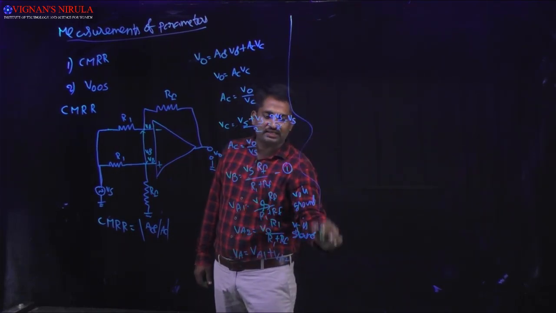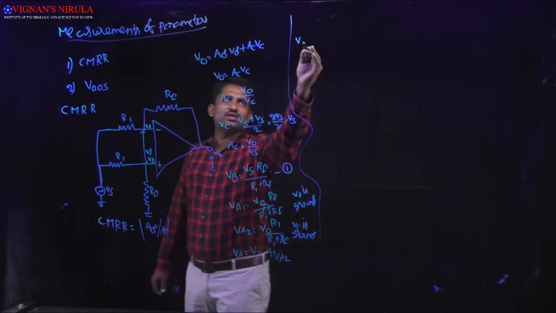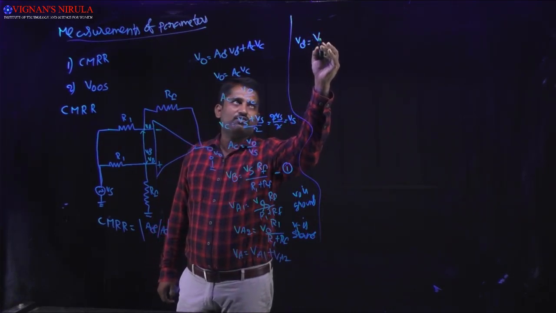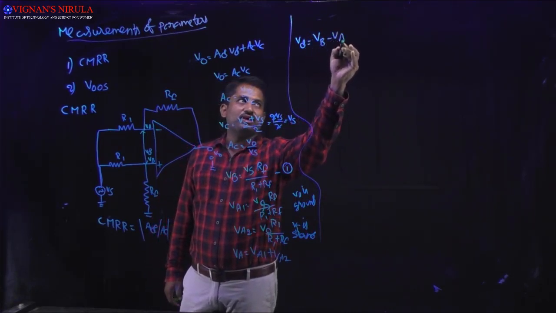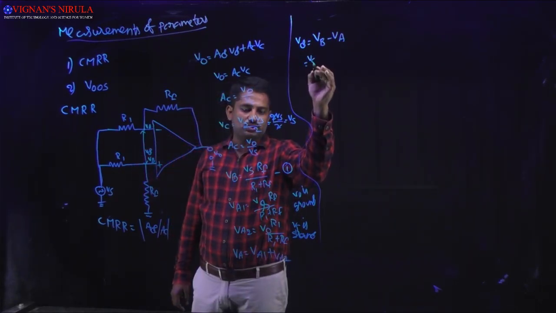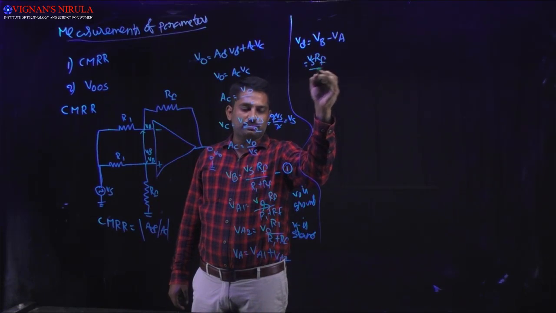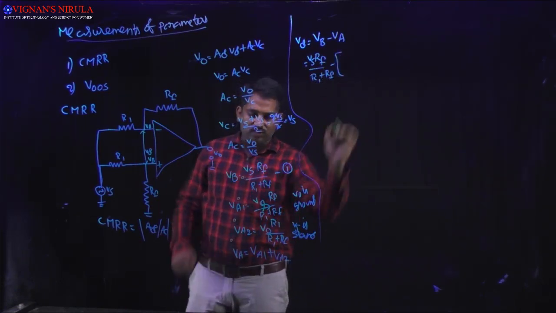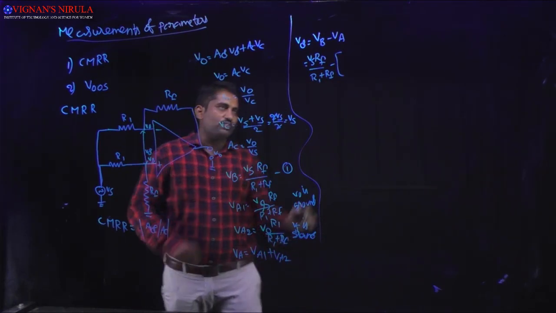I want the VD value. How can we calculate VD? VD is equal to VB minus VA. What is VB? VB is nothing but Vs into Rf divided by R1 plus Rf. And VA is nothing but VA1 plus VA2.